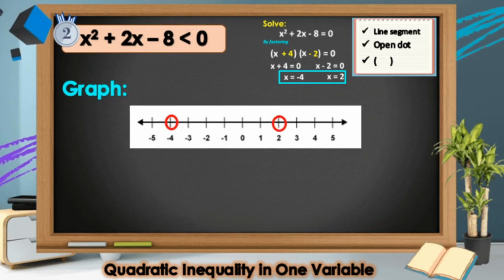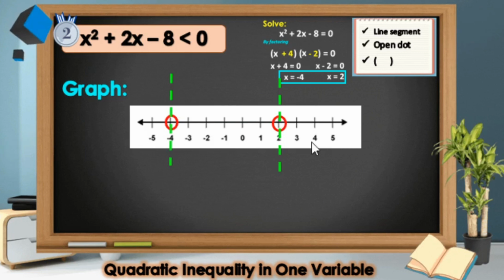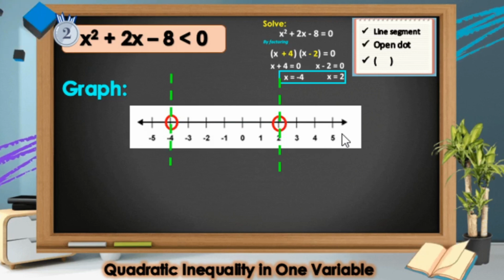O, yan. Dapat open dot. And then, magkakaroon ulit tayo ng tatlong region. So, etong region na to, negative 5, negative 6, negative 7, and so on and so forth. And in this region, negative 3, negative 2, negative 1, 0, and 1. Ayan naman sa region na yan. And then, in this region ay 3, 4, 5, so on and so forth.